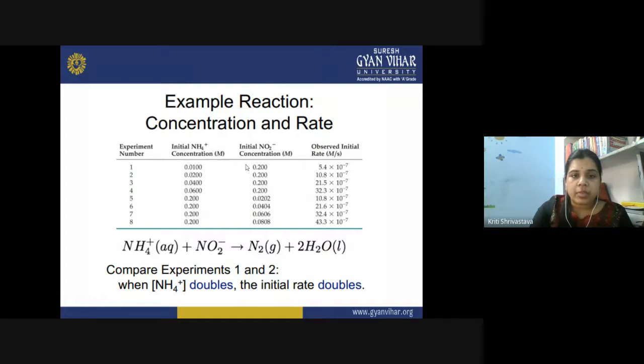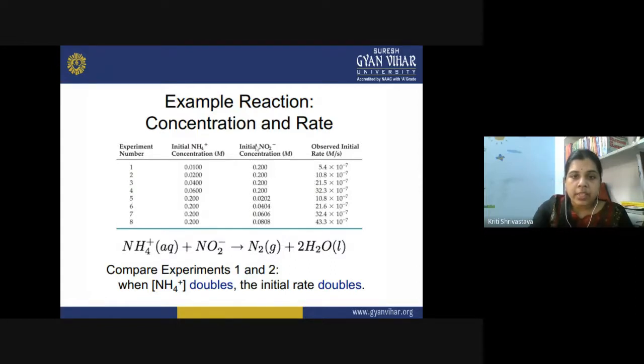When you double the concentration of ammonium ion, this actually doubles the initial rate of the reaction. In the first experiment this was 0.01, in the second experiment it was 0.02, and we have kept the concentration of nitrite ion constant. So you can see that the rate got doubled in experiment 2.